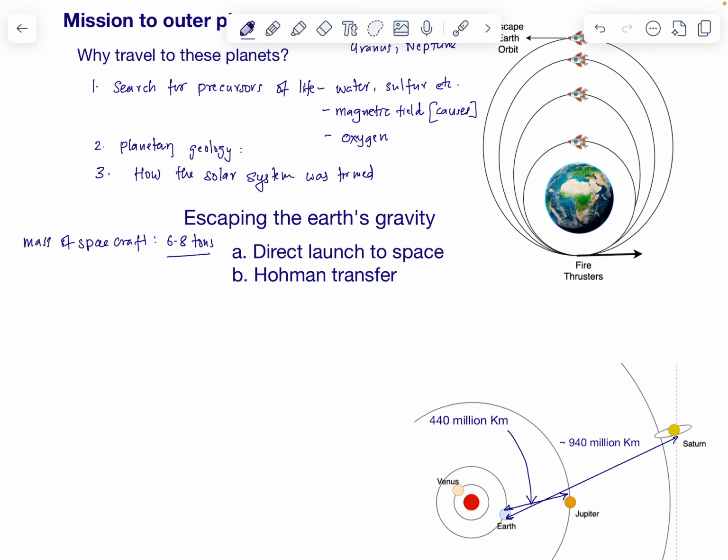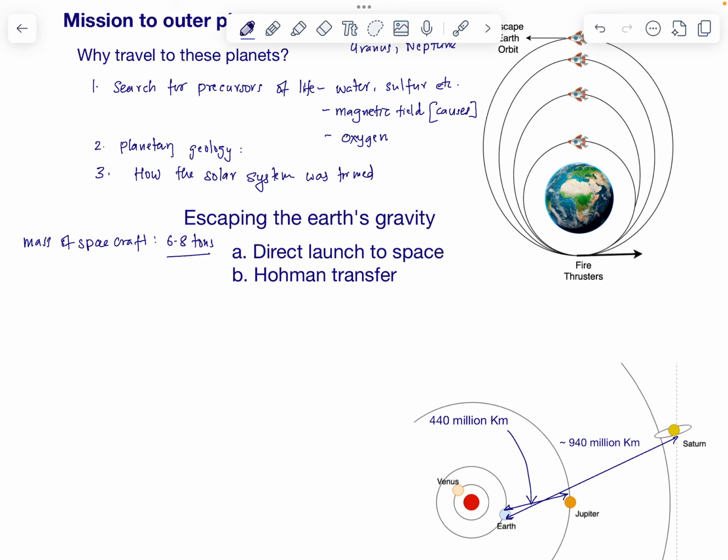It's a pretty heavy spacecraft. So we can put it on a rocket and launch it directly into space. That's one way. To do that, you will need to calculate the escape velocity.